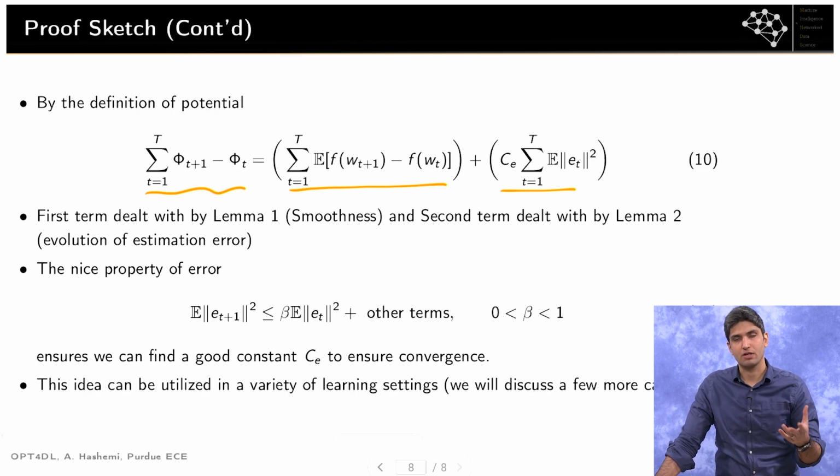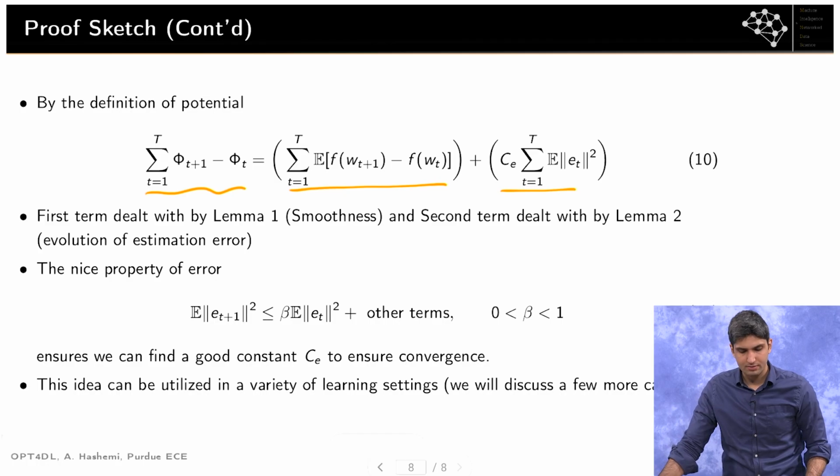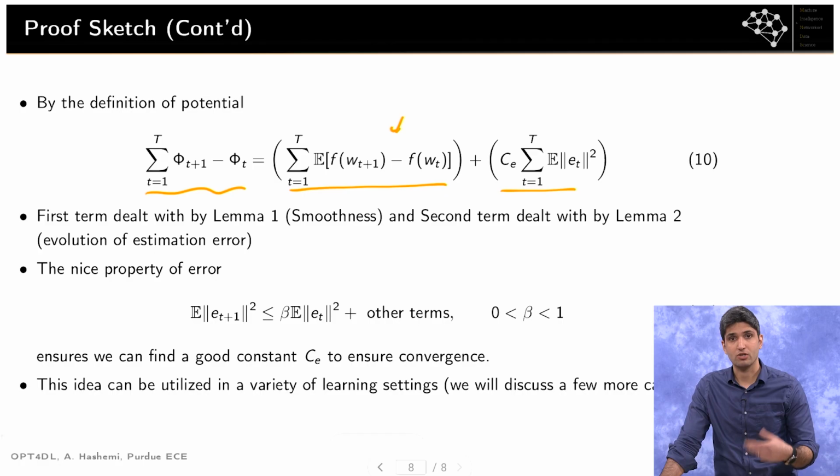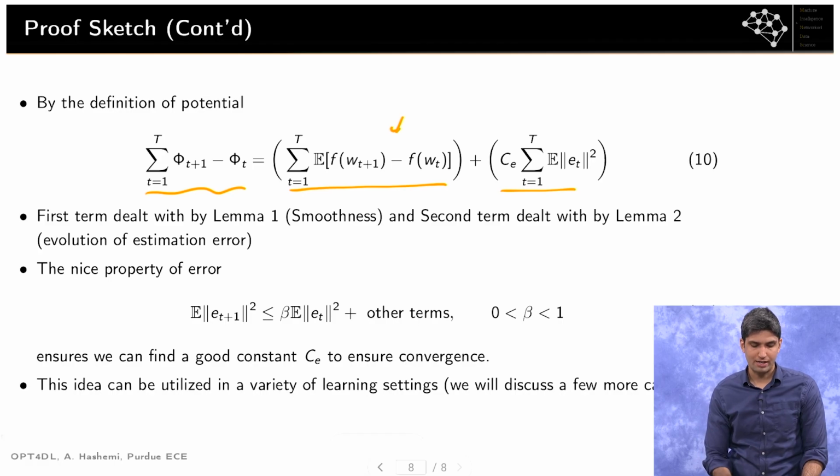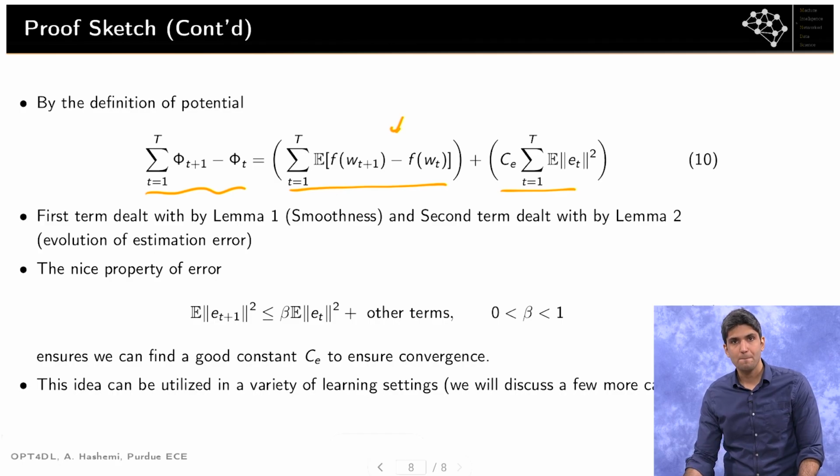One lemma uses smoothness to relate the gradient estimation error to the norm of the gradient, which is essentially our notion of convergence. So we can use that lemma to handle the first term. We had another lemma on the evolution of the estimation error over time, and we can use that to treat the second term.